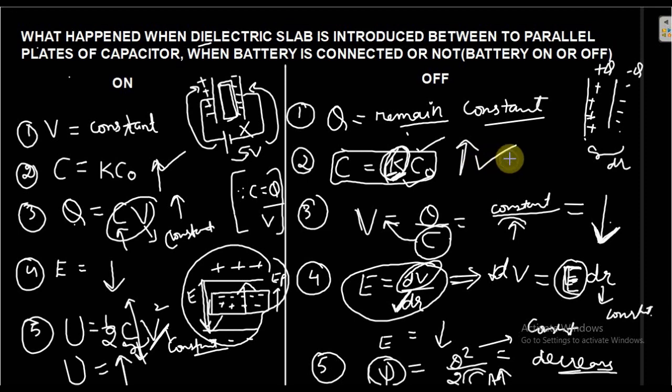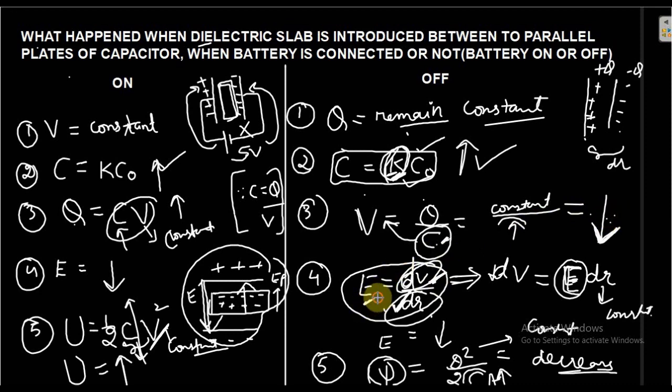In the second case, we know the relation V is equal to Q by C. If capacity is increased, since this is reciprocal, potential will decrease. In the next case, E is equal to dV by dr. This thing is constant, so your electric field will depend on potential, that is dV. So dV is decreasing, potential is decreasing in the third point, so overall electric field also decreases.